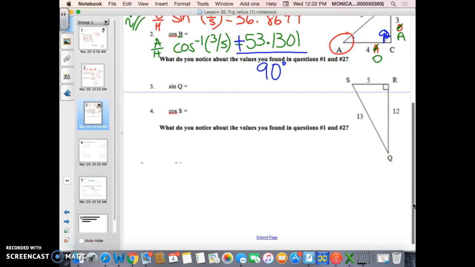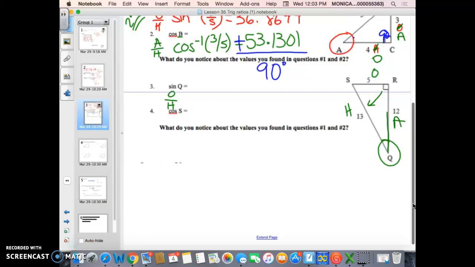Okay, so the first thing I'm looking for is the sin of Q. I always say sin, but it's sine, really. And so I remember sine is opposite over hypotenuse. So I'm going to label my triangle. This is opposite. This side, because they're next to each other, that's adjacent. Because this is across, that's my hypotenuse.